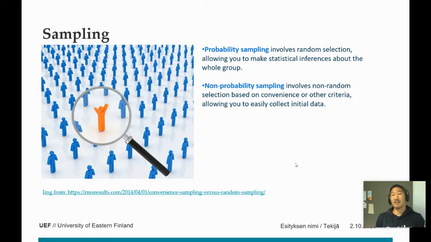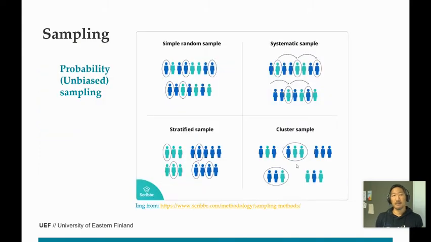But also, depending on the type of the research, such as quantitative or qualitative, you can choose between the probability or non-probability sampling method. In general, if you are conducting quantitative research, it is more recommended to use probability sampling. And if we are using the qualitative research method, then non-probability sampling may be more preferred.